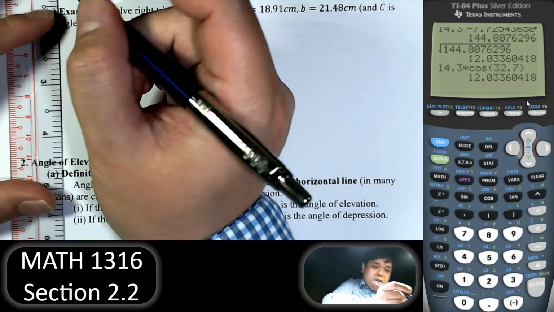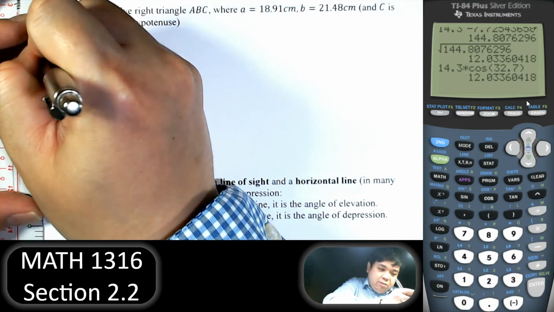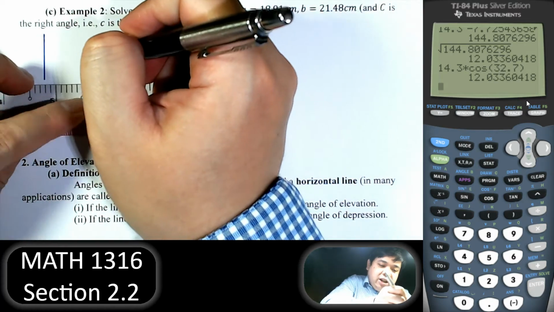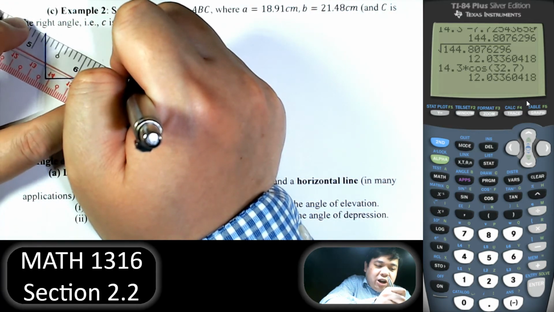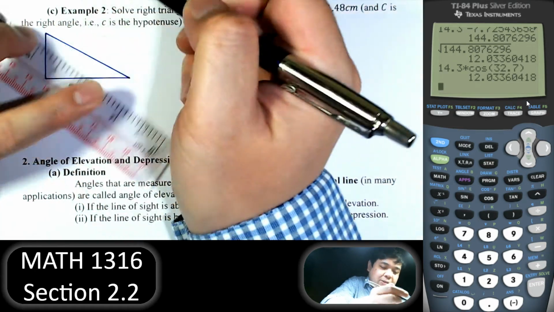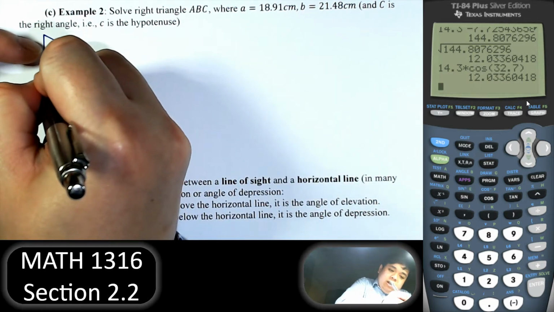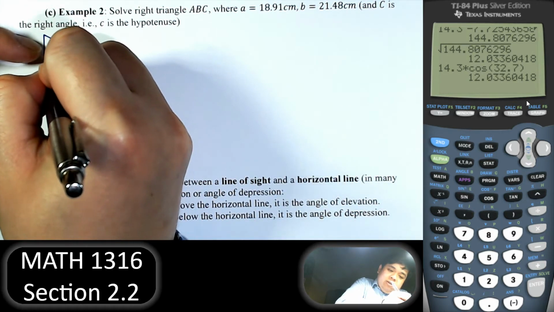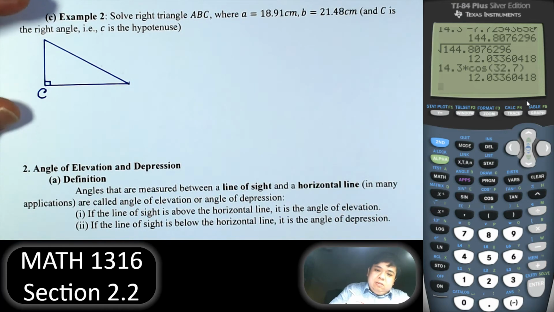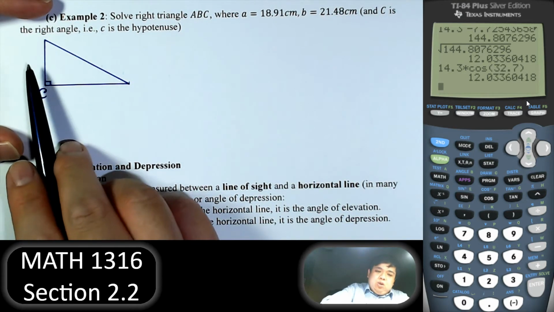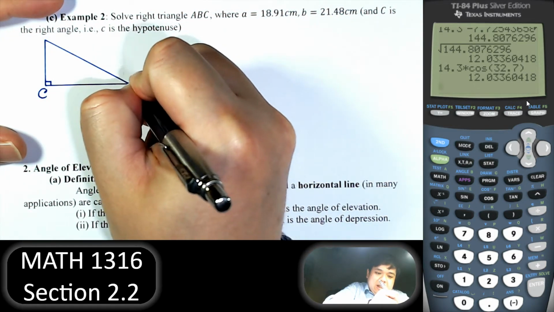Once again, I just put a generic right triangle. C is the hypotenuse, therefore big C is the right angle. Little a, okay. I can just choose one of them to be A, the other one is B. So once again, let's say A is here and B is there.